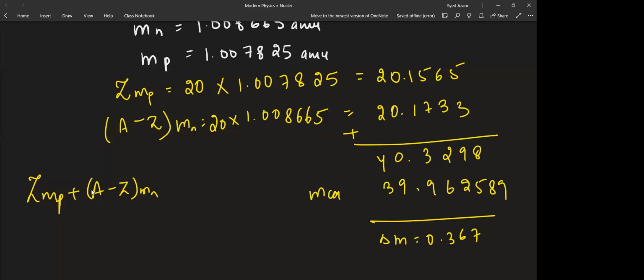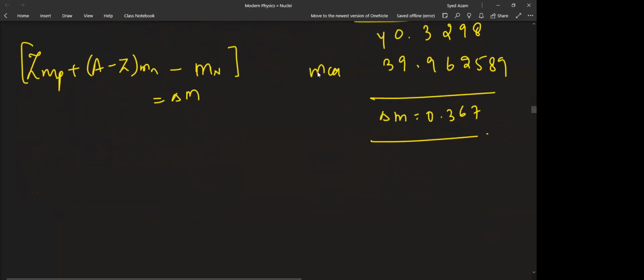We got the whole part, and then we subtracted the mass of the nucleus. Tell me, is it clear how we have got the mass defect? Clear, Mariam, or should I repeat? Ma'am, it's clear.